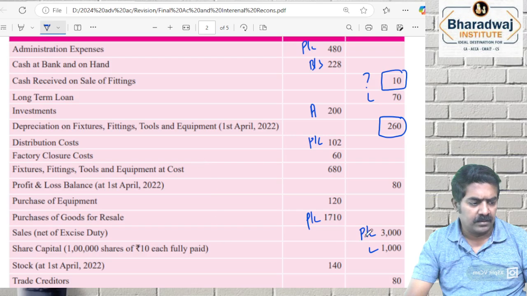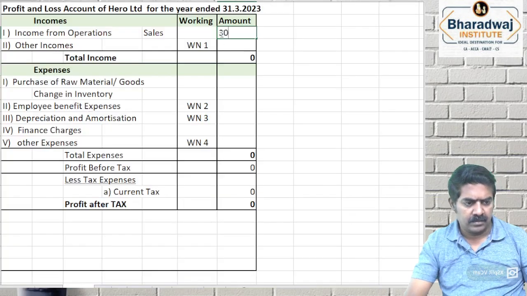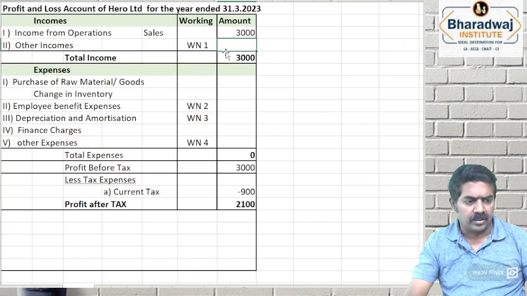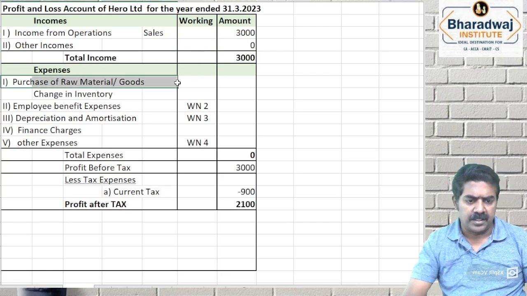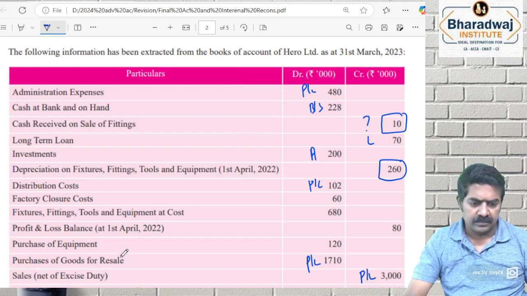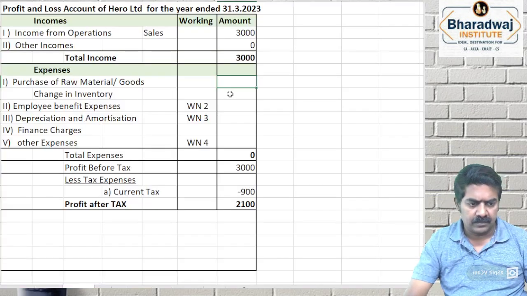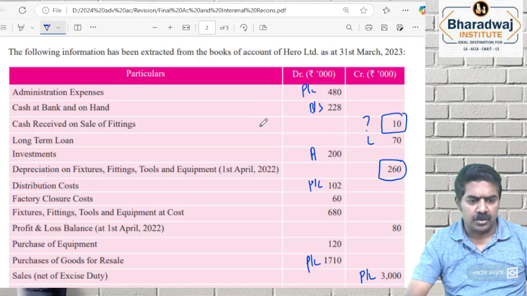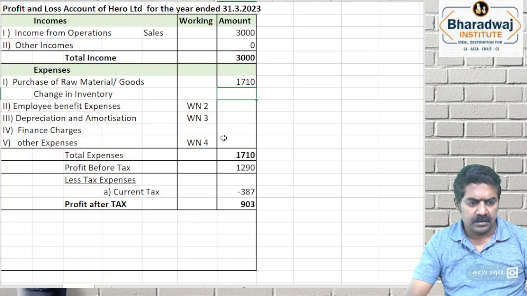How much are the sales? Other incomes, no other income. How much have we given for purchase of raw material, goods for resale? Change in inventory, opening stock to closing stock, how much change has happened? Negative 60. Isn't it an increase in stock?